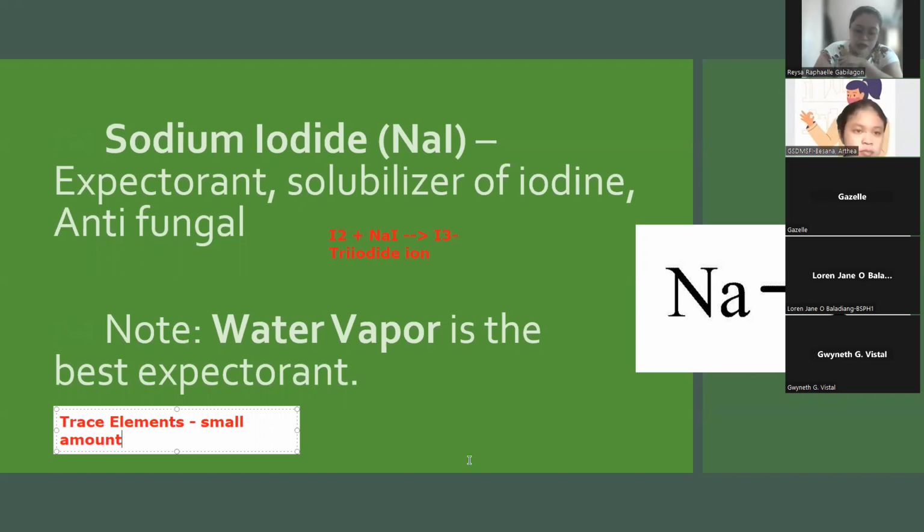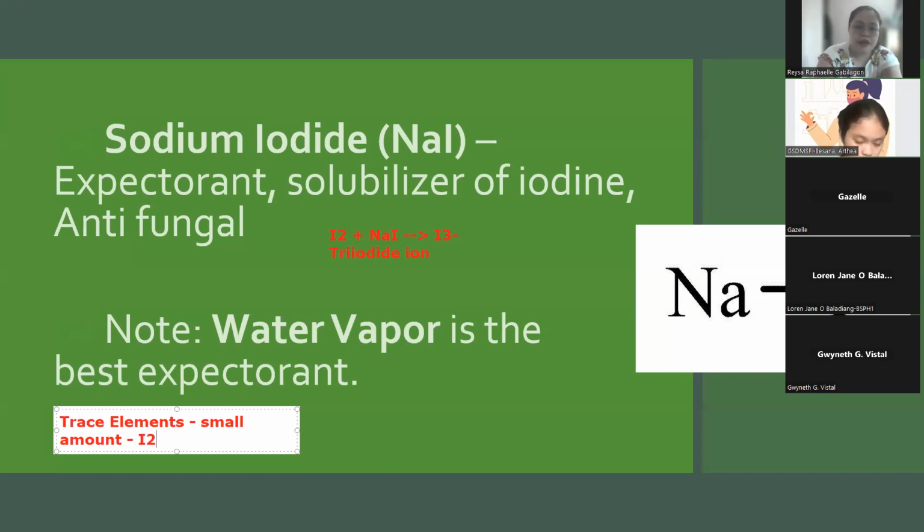But if we compare iodine with other elements, iodine and other trace elements are only present in small amount. Now, what are these elements na present in small amount only?